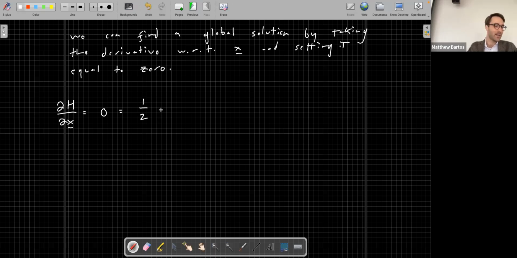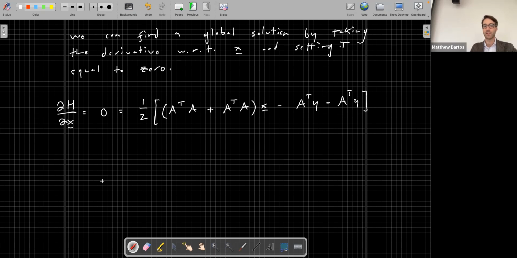Okay, so we can go ahead and write this out. We have 1/2 times A transpose A plus A transpose A times X minus A transpose Y minus A transpose Y. Note that this here will just become 2 times A transpose A, and this will become 2A transpose Y. So the 1/2 goes in and takes care of those.